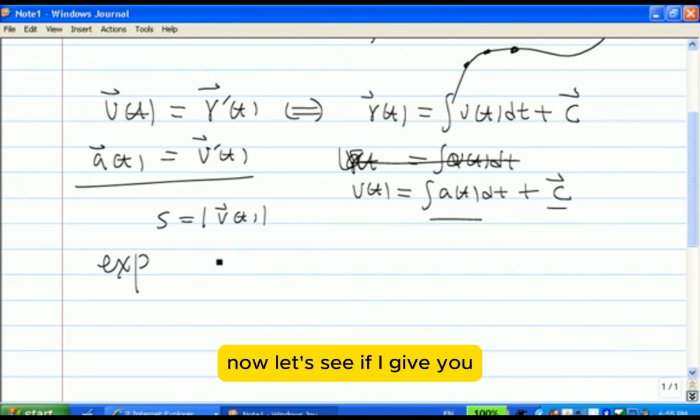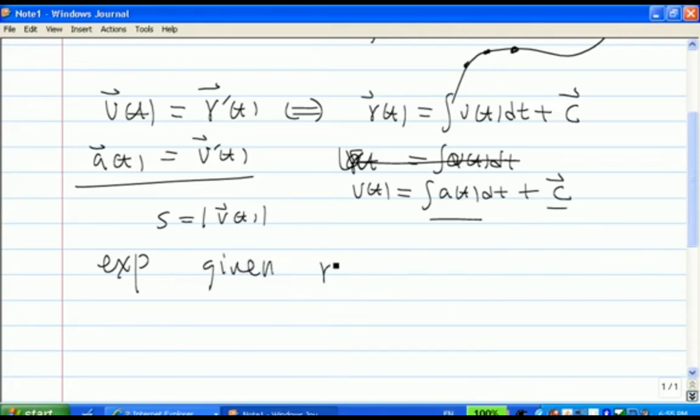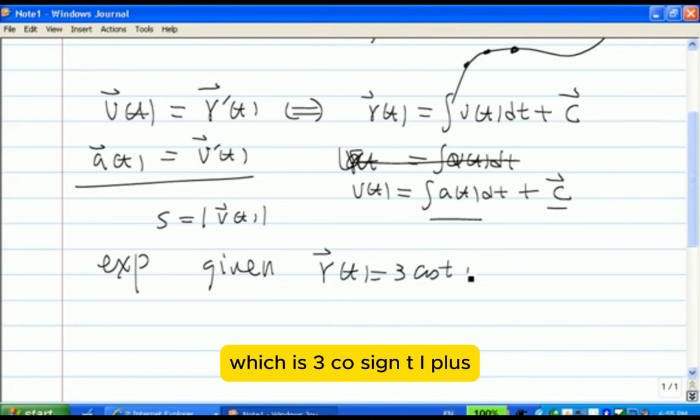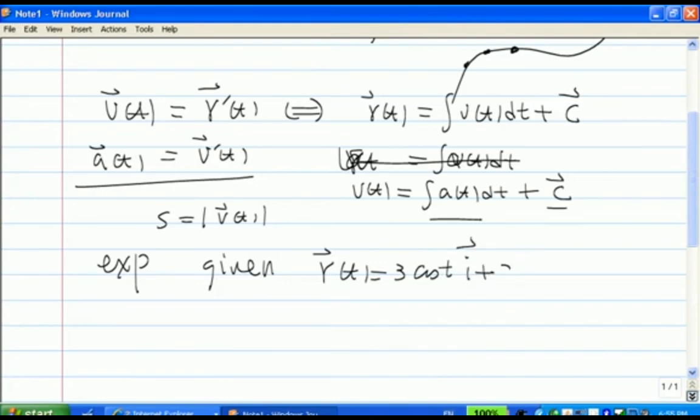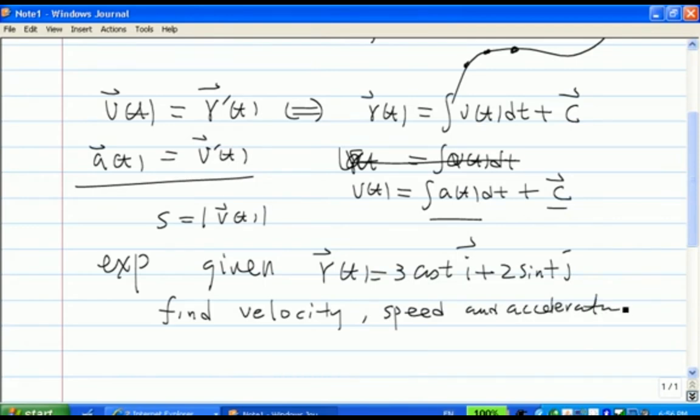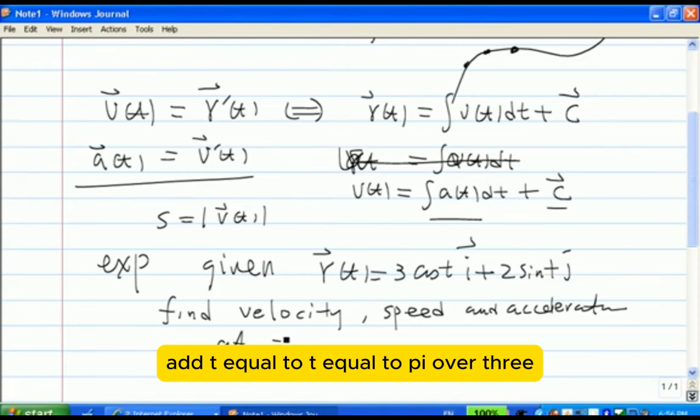Now let's see, if I give you the position function, which is 3 cosine t i plus 2 sine t j, I want to find velocity, speed, and acceleration at t equal to pi over 3.